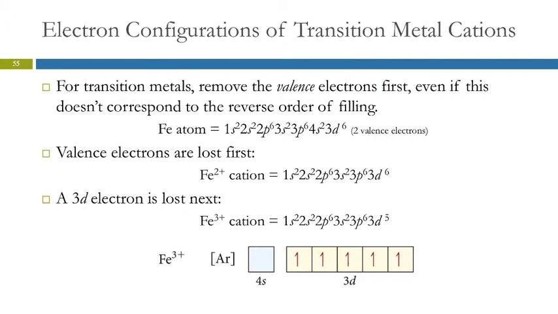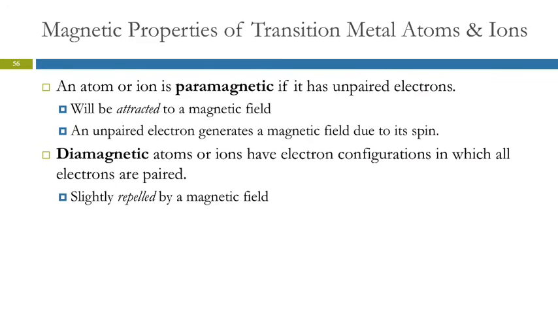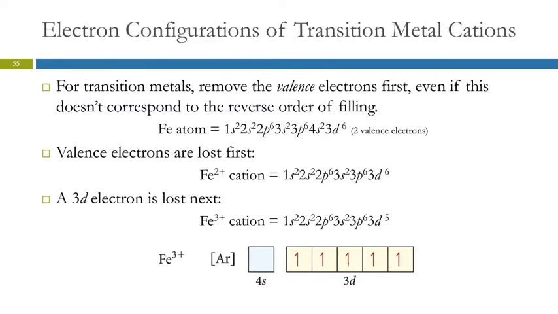The valence electrons are these guys right here, the highest level, the biggest big number. Don't worry about the little numbers. It's the biggest big number, so add those together. We have 2 valence electrons, and those are the ones that are going to come off first.